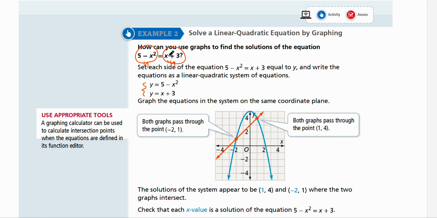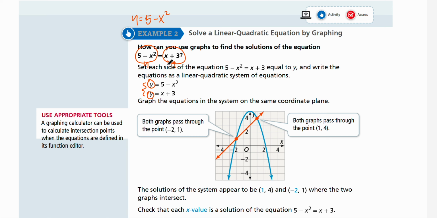Our solution should be x, right? So we are writing an equation in terms of x, but we're writing the equation for y for each one, right? So why do we have this y value? We have added it to graph them and to use this method to solve for the solutions.